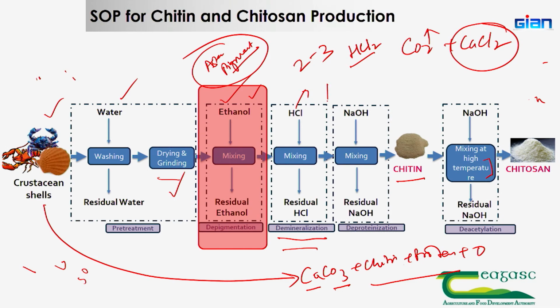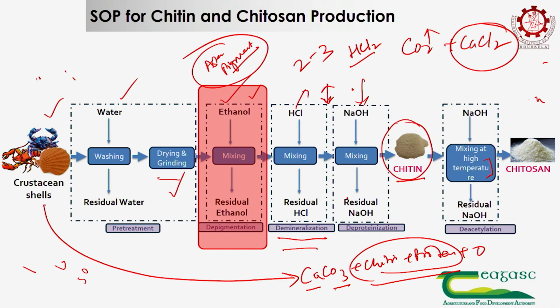That means you are at this stage, and today your instructors will show you how to wash it, and then they will add alkali, and this alkali will solubilize the protein. So protein is out in one phase, calcium is out in one phase, and the leftover biomass will be chitin.